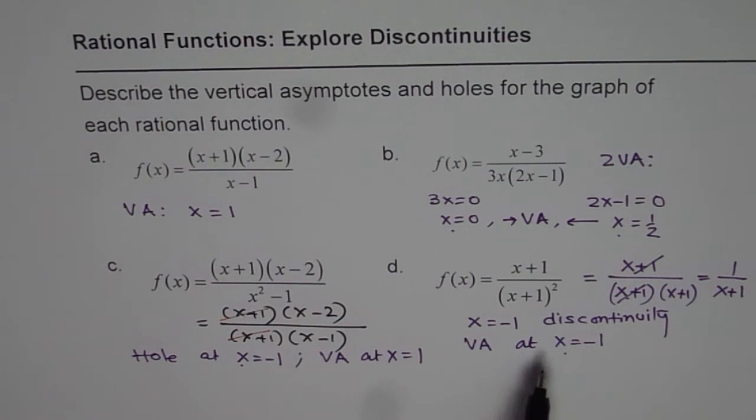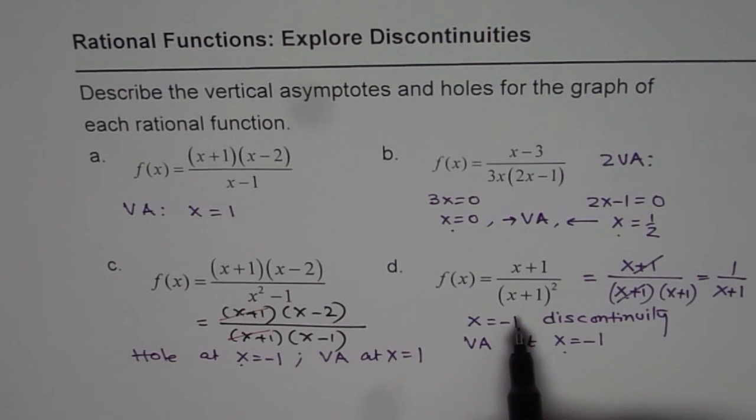But in general, if they do not have a common factor, then there will always be a vertical asymptote, right? So we can summarize that if there is a common factor between numerator and denominator, there is a possibility of a hole or a vertical asymptote for a rational function. But if there is no common factor between numerator and denominator, then there will be a vertical asymptote for the rational function at that point. I hope that helps. Thank you.